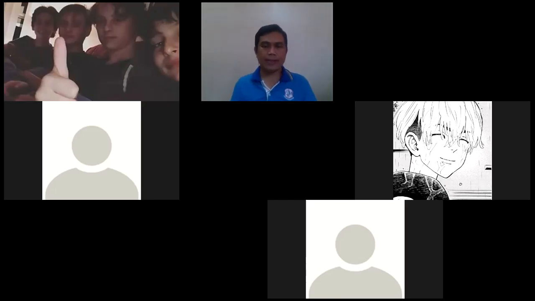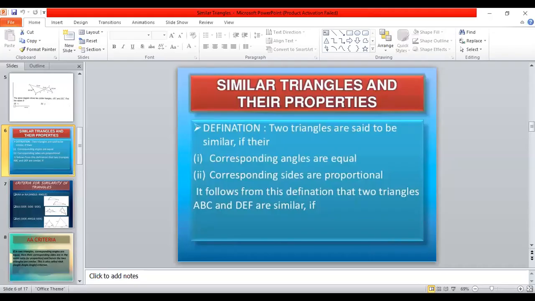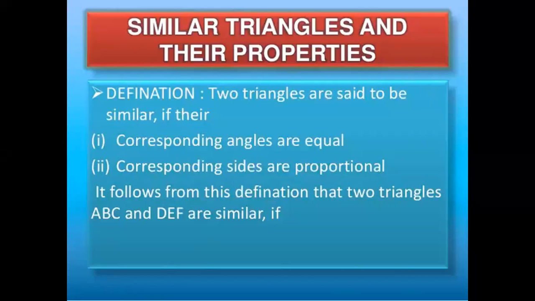So we will now have similar triangles, and that will be our topic for this afternoon. When we say similar, it is not the same as congruent. When do we say that two things are similar? Just like, for example, twins. We can say that they are similar from the face, the hair, the body, their height, their physical appearance.